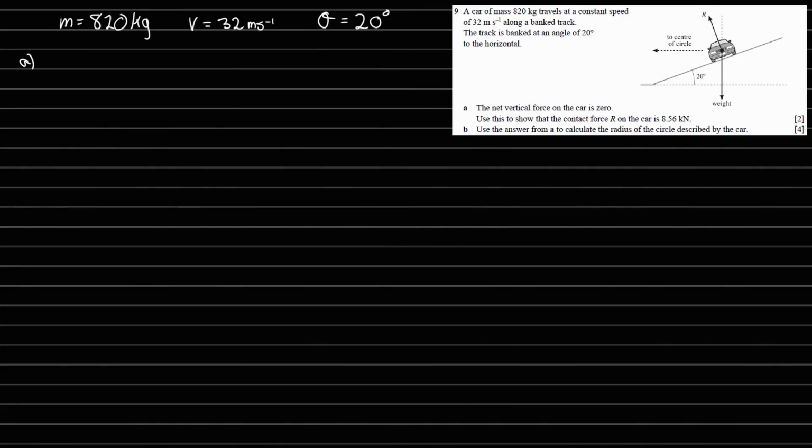We have to be careful because usually when we're greeted by something like this, we may be tempted to just think, oh right, we're going to find the components of the weight that is perpendicular to the slope and the weight that's acting down the slope, parallel. However, we're not told that the weight perpendicular is equal to the reaction, so we have to be careful in this one.